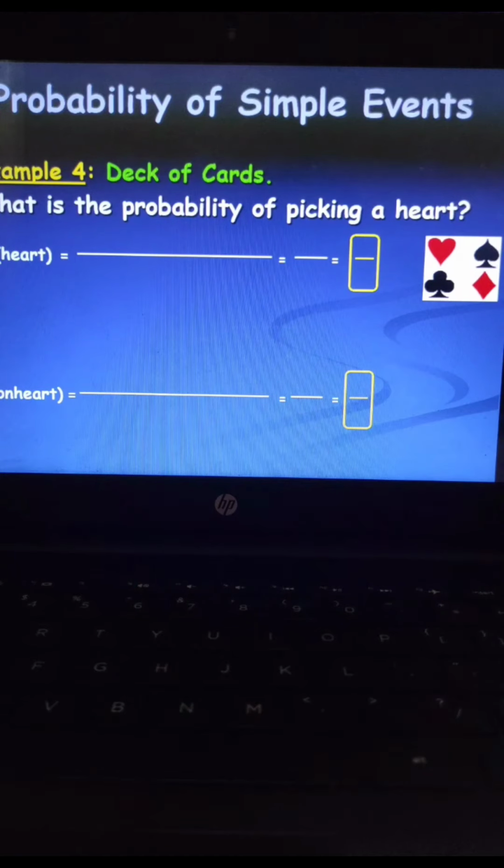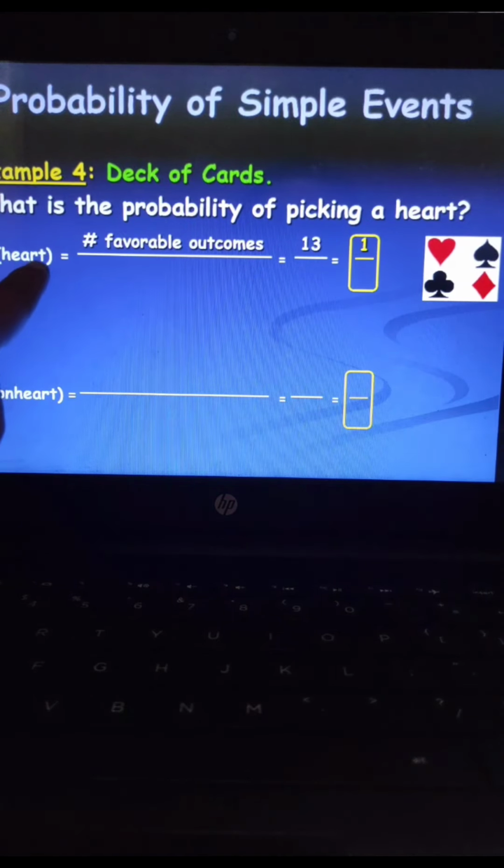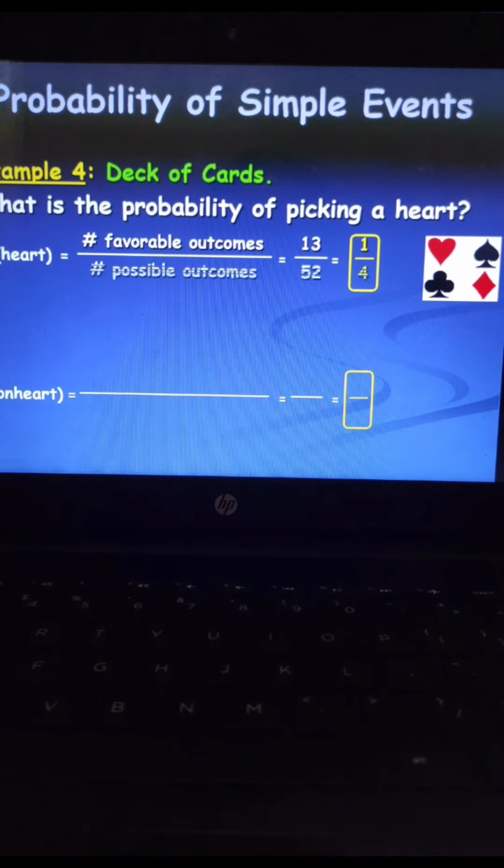So to solve for that, of course, we have the probability of heart, the number of favorable outcomes, which is 13, over the possible outcomes, which is 52. Now where did we get 13 and 52?